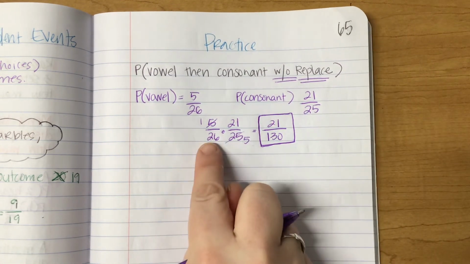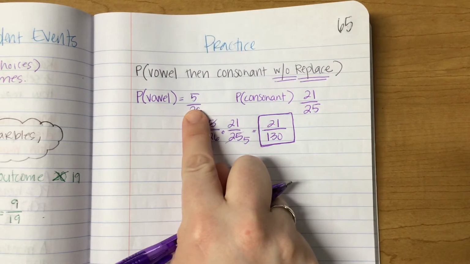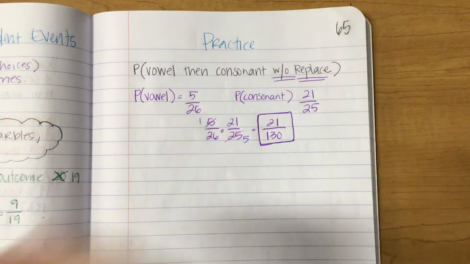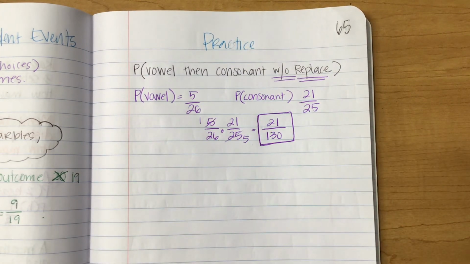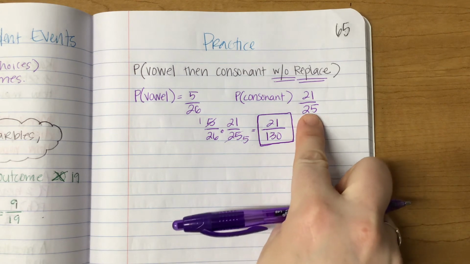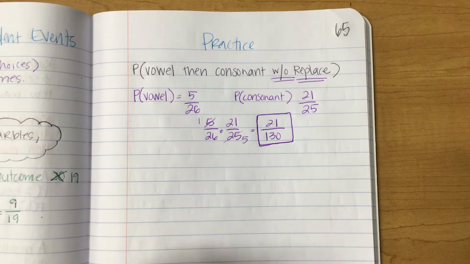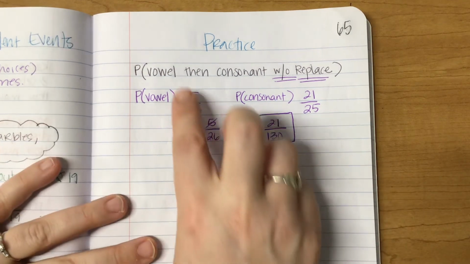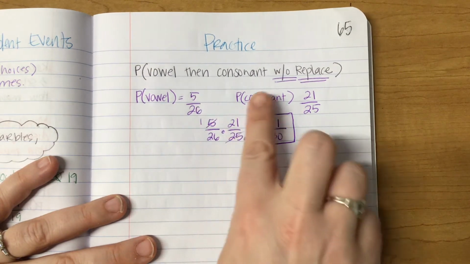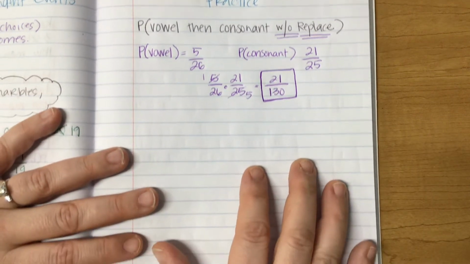And again, I had 26 because I started with 26 letters of the alphabet. I picked one. Now there are only 25 to choose from and 21 options. Now, the other part of this is that when you're finding that theoretical probability, you're assuming that this first thing is happening so you can continue on to the next.